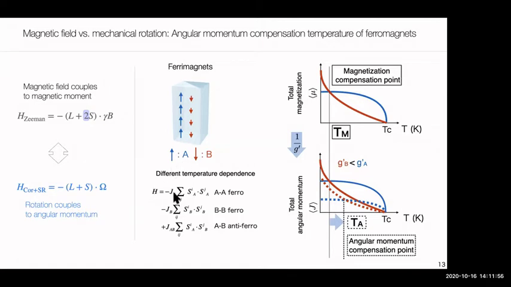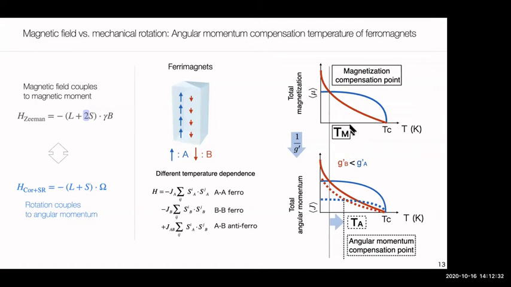And now let's consider the AA coupling as a ferromagnetic interaction, and BB also ferromagnetic, but the AB coupling is antiferromagnetic. With such a coupling, we have very interesting compensation points. First, there are two compensation points. The first one is the magnetization compensation point, and the other is the angular momentum conservation point.